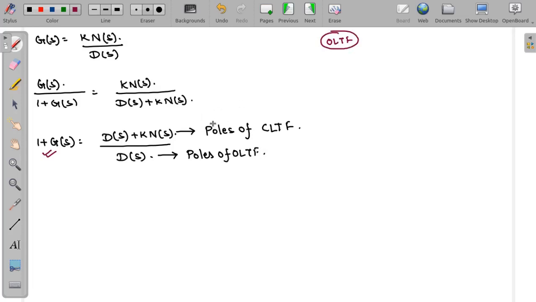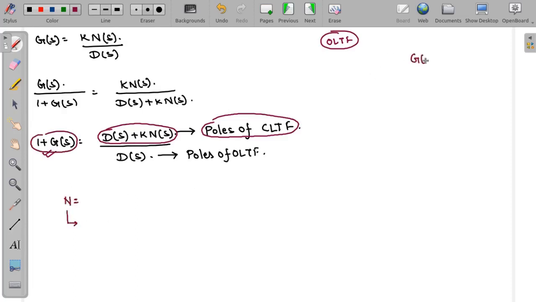Now here you can see, if somehow we are able to know the poles of CLTF, which are actually the zeros of the characteristic equation, then we can comment about the stability of CLTF. Now if we apply the principle of argument over the characteristic equation, here is the number of encirclements.